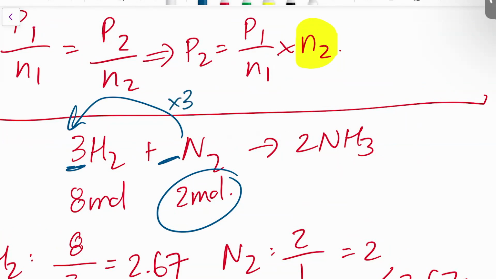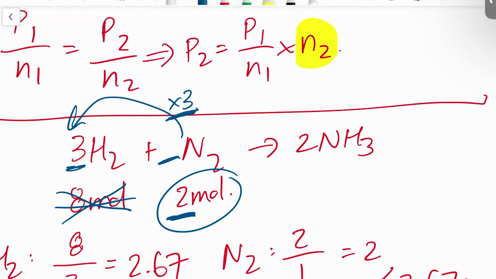So then if there's 2 moles of N2, I don't care about the 8. I'm figuring out how much reacted. Leave this for now. If there's 2 moles of N2 reacted, and it's a 1 to 3 ratio, how much H2 reacted? You reacted 2 moles of N2, it's a 1 to 3 ratio. How many moles of H2 reacted? I don't care about the 8, that's how much I added. You guys said it wasn't in ratio.